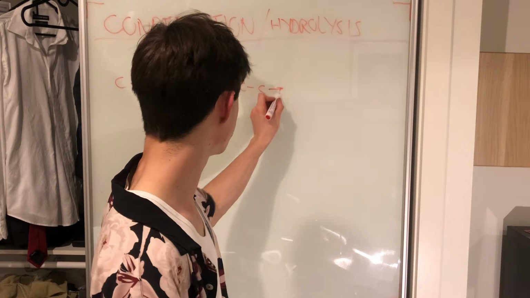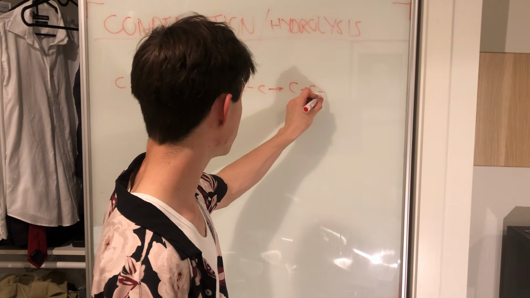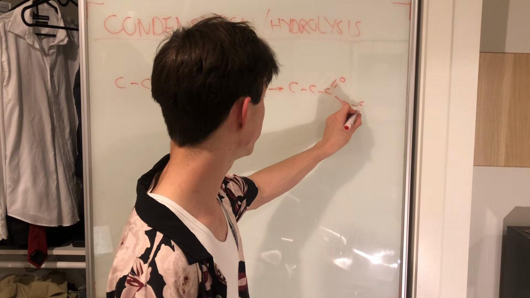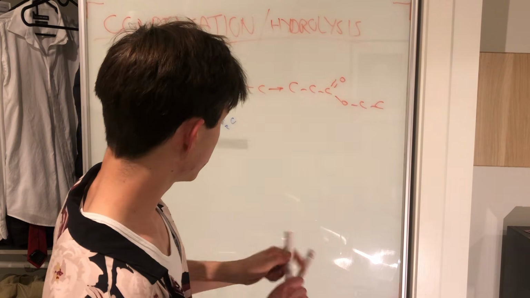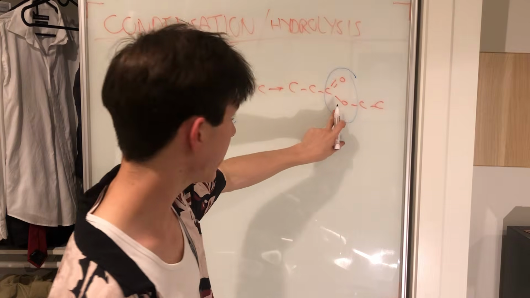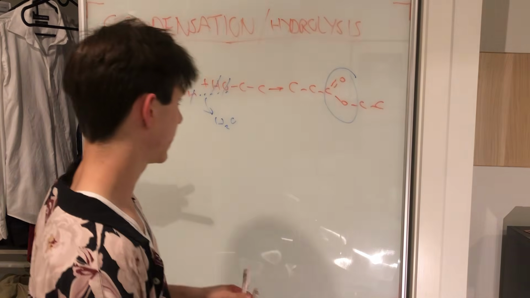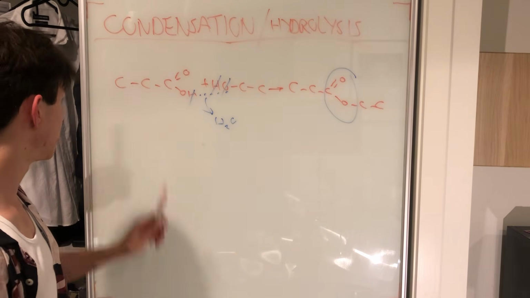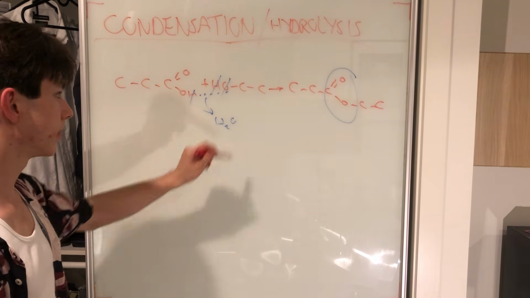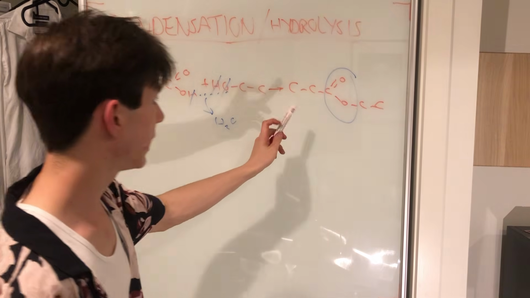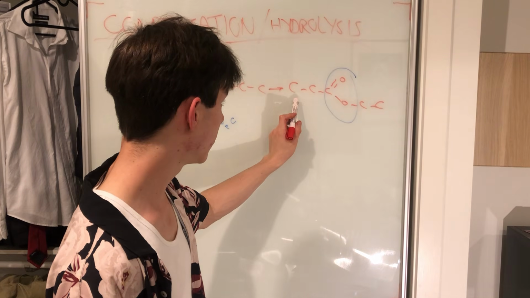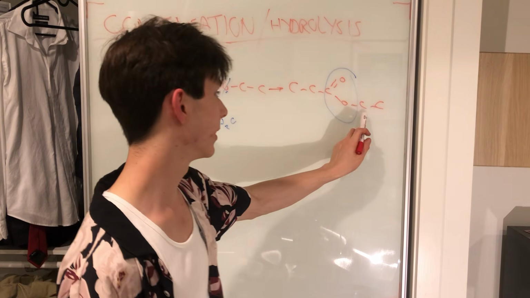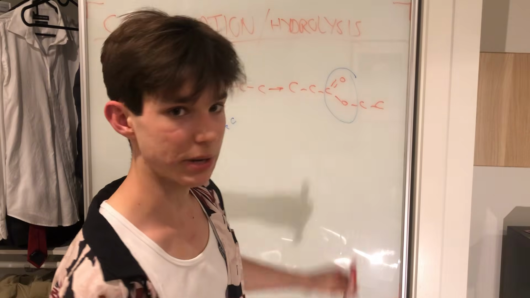So what have we formed? We've formed an ester. CCC double bonded to O, OCC. This functional group here is an ester bond, the ester functional group. And what would we call this? Propanoic acid plus ethanol gives us, main carbon chain here, so it's propanoate.